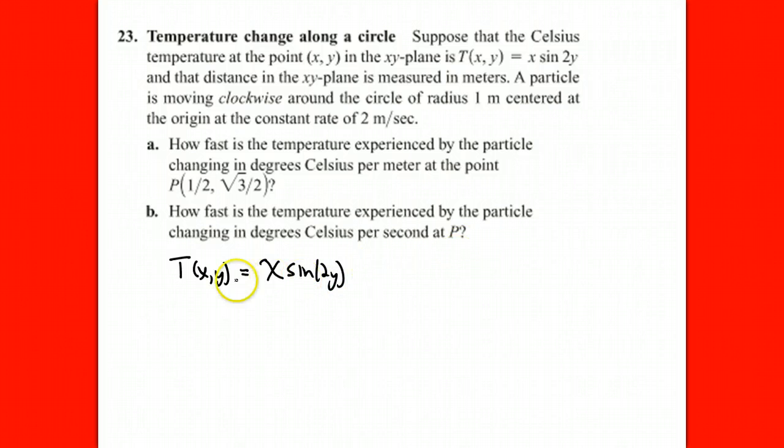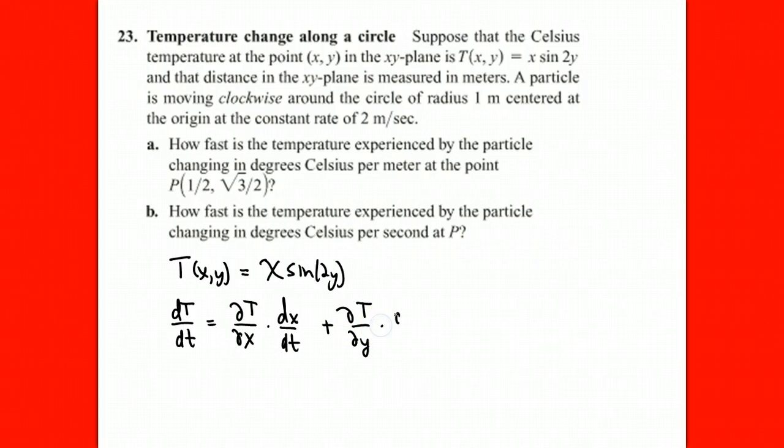If I want to know how T is changing with time, I have to first find how T is changing with x and multiply by how x is changing with time. I add to that how T is changing with y, and I multiply that by how y is changing with time. Make sense? Okay.